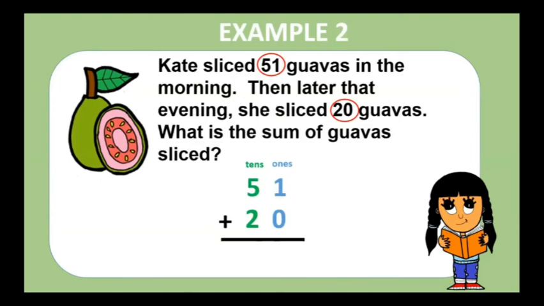Now we will start our addition from ones place. We will add 1 plus 0. That means we are adding nothing with 0. So we will write 1 as it is below ones place. That is 1 plus 0 will give us 1. Then we will add tens place.